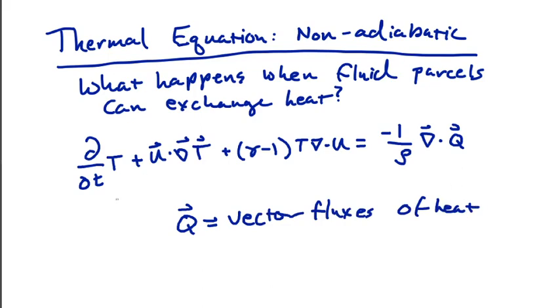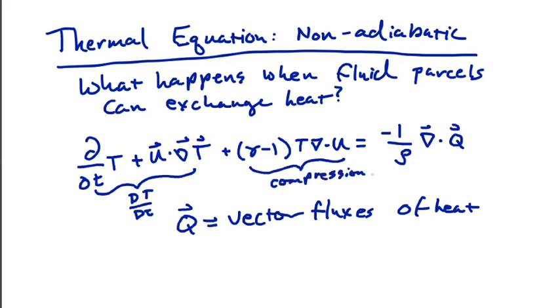In this system, this first part here is the Lagrangian derivative d/dt. This is how temperature changes by motions in the fluid, just carrying it around and advecting it. This set of terms here is how things change from compression or expansion.